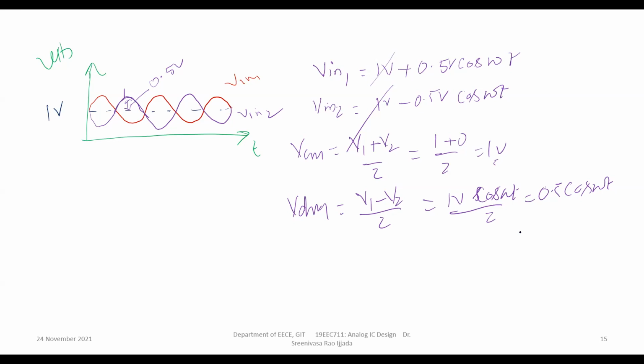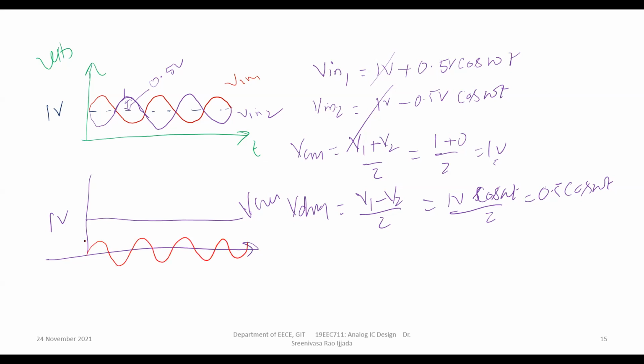Understand or not? If you want to draw, with this we can get it like that. Your VCM is 1 volt, and your DM value is 0.5 cos omega t.